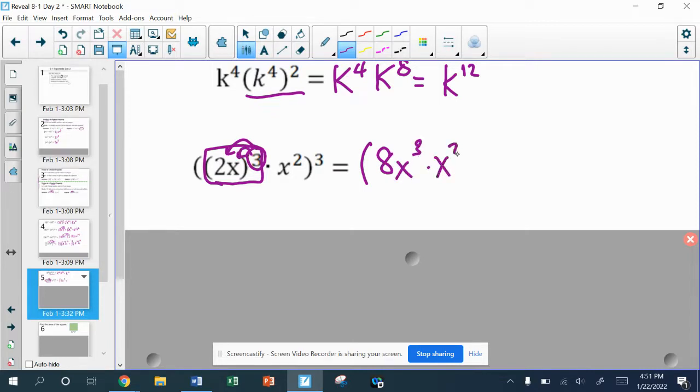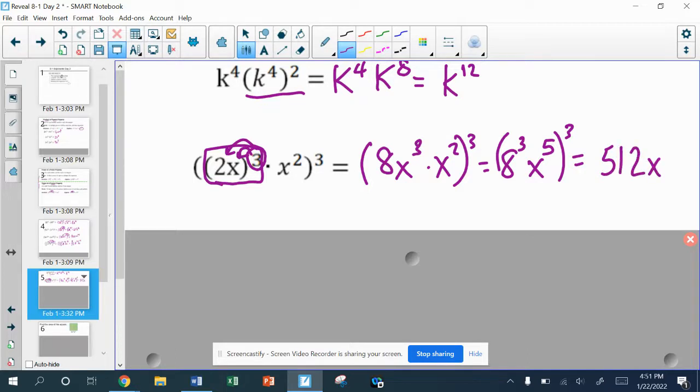And I have an x squared, and this is all to the 3rd power. So I would have 8 to the 3rd power and x to the 5th power, just simplifying inside there. Then 8 to the 3rd power, I believe, is 512.